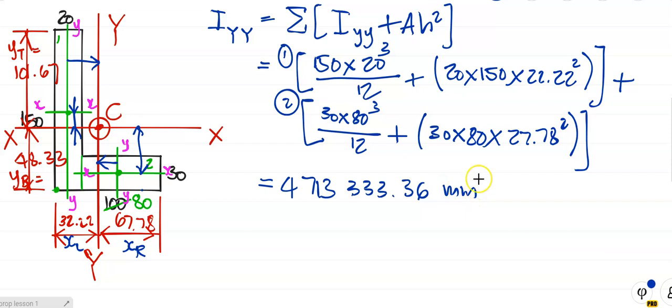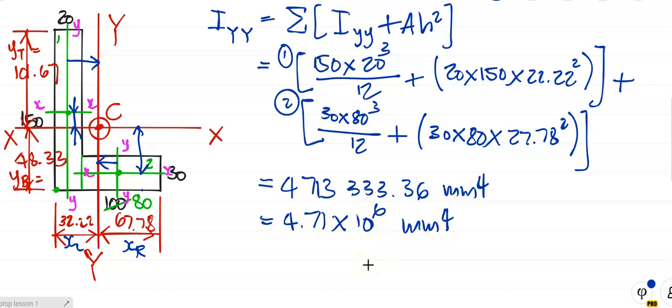Okay, and if I write that in scientific notation, which makes it a bit easier, I get 4.71 times 10 to the power 6 millimeters to the fourth.